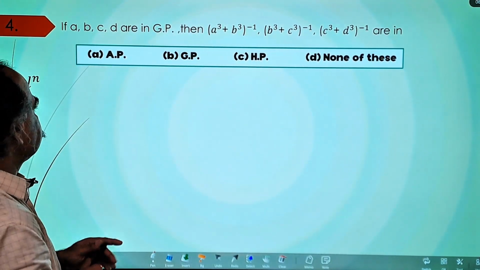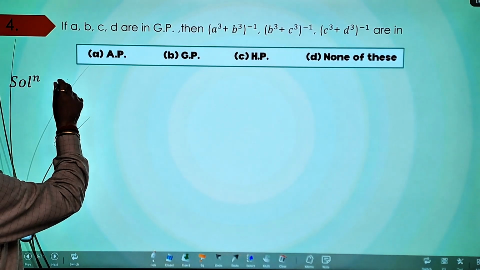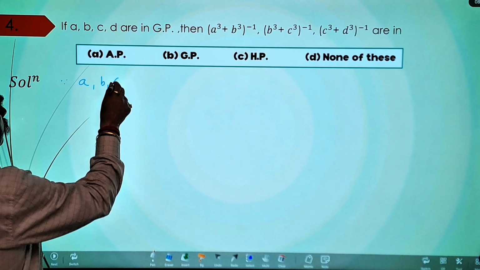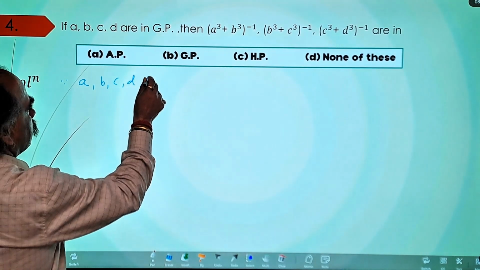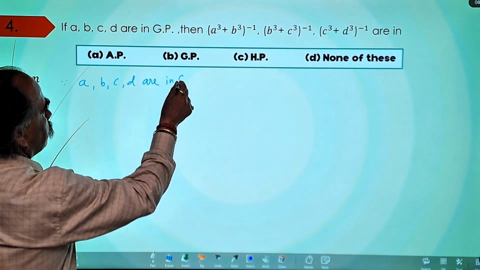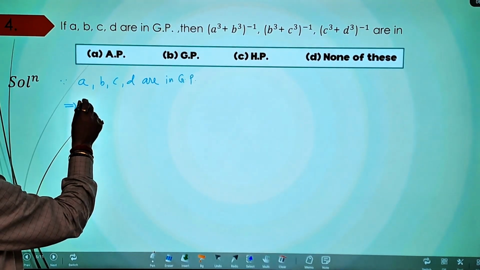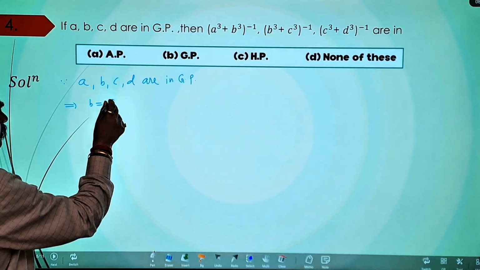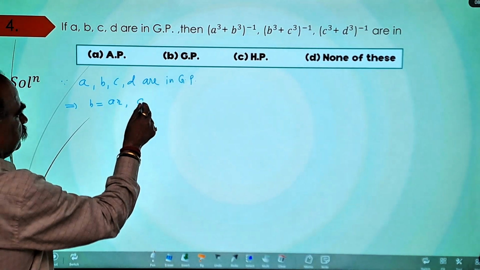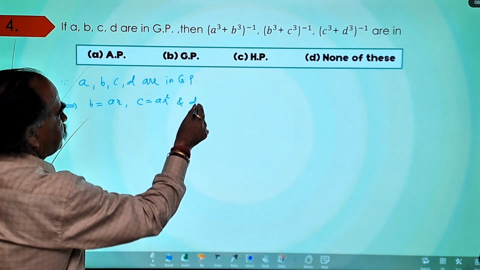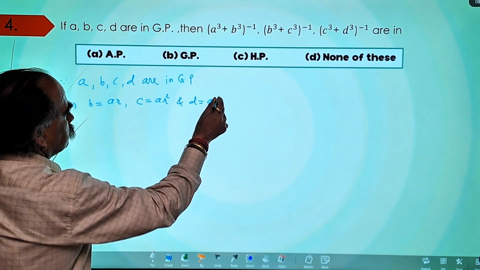See, A, B, C, D are in GP. So this implies B is equal to AR. C is what? AR square. And D is what? AR cube.